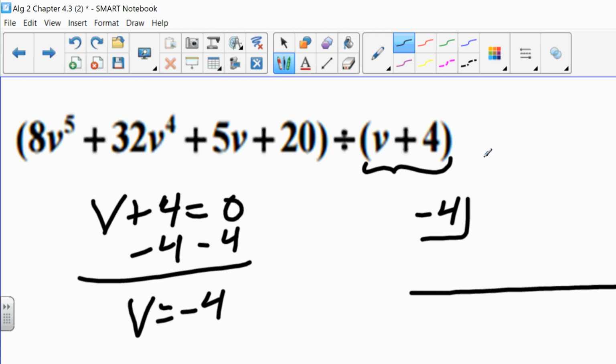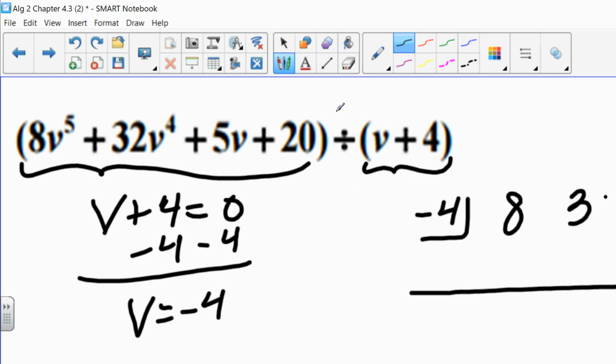Now the numbers that go across the top here are going to be from our polynomial. And we need all of our terms. So the first one would be 8, 32, and then 20. Yes. Yeah.